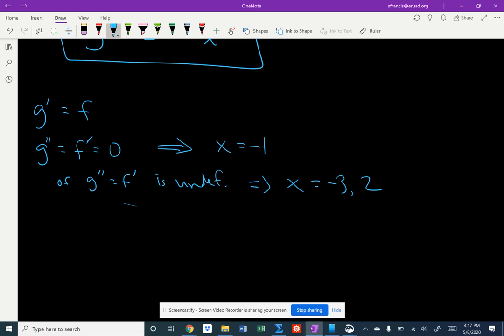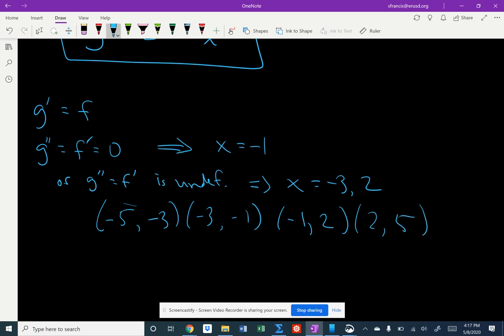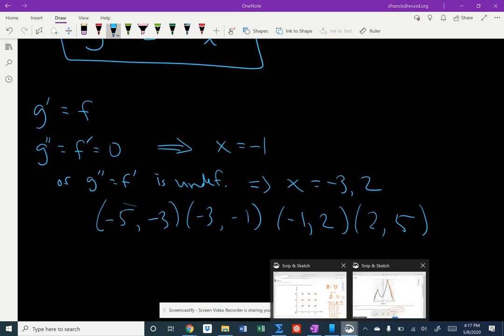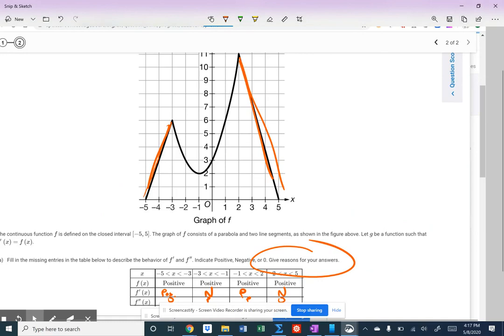Now we need to make sure that g'' changes sign. You can set up intervals around these points: -5 to -3, -3 to -1, -1 to 2, and 2 to 5, and see what's going on. But wait, didn't we already do this? Didn't we already see what f' was doing around these points? I'm sorry, g'', which is f', around these points.